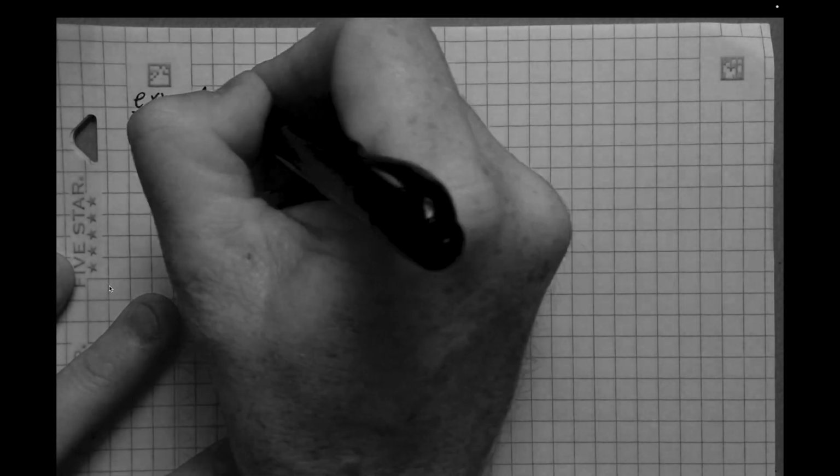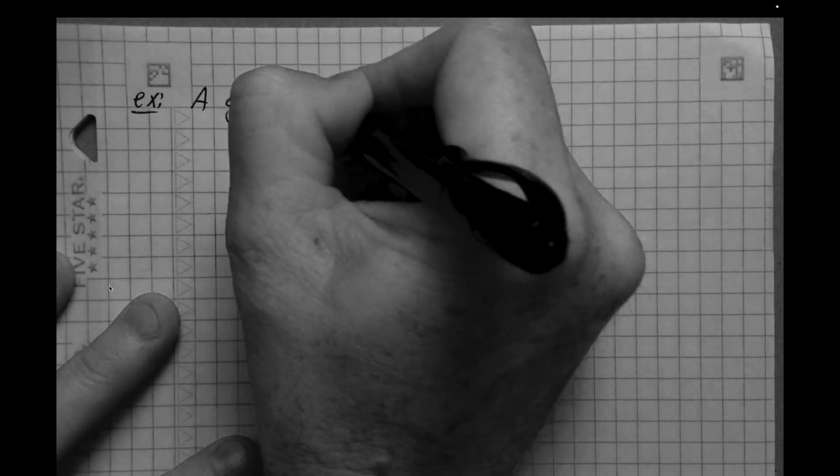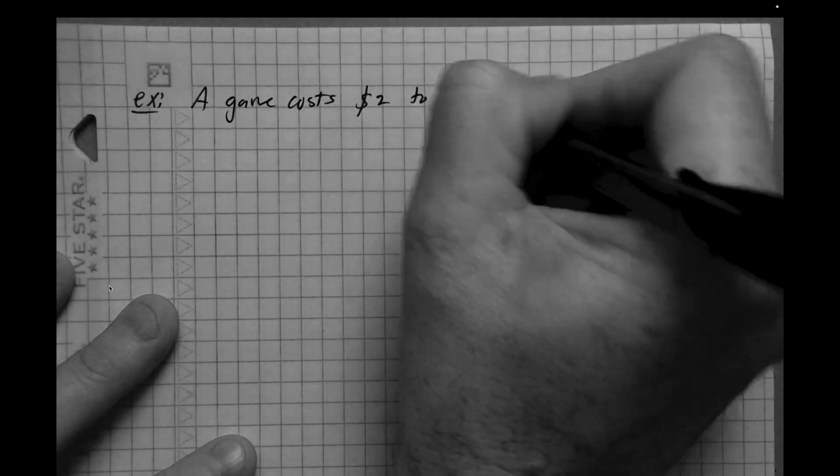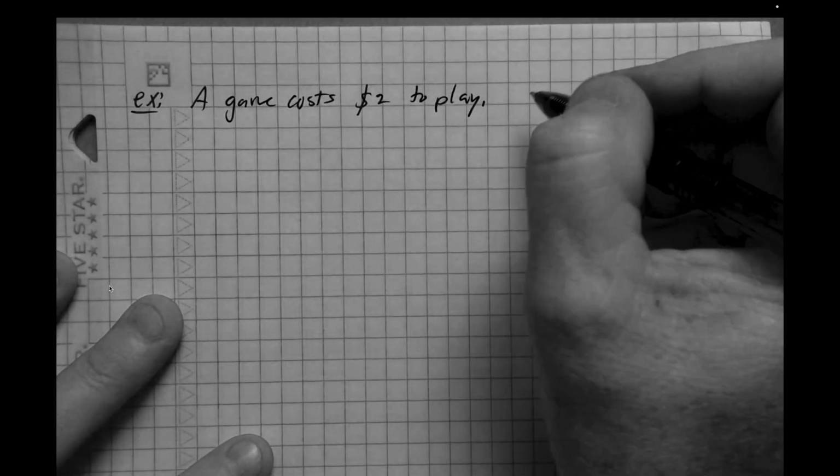So, okay. Let's do an example here, a more practical example. This is an example that involves the expected value. When is this useful? What kind of things can you get to from this? So a game costs $2 to play. And what is the game?